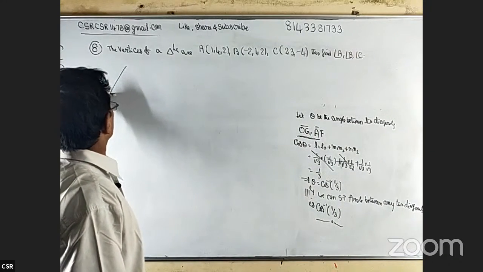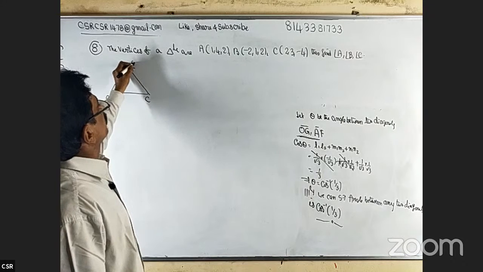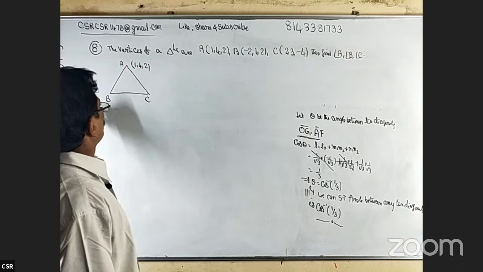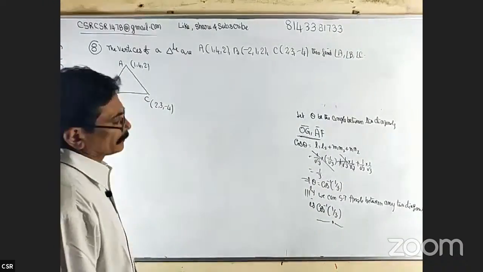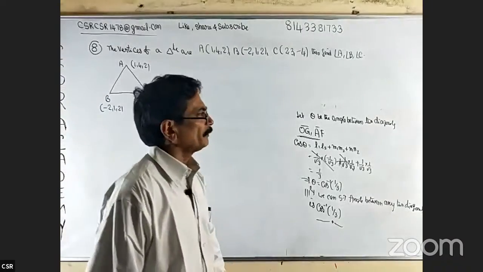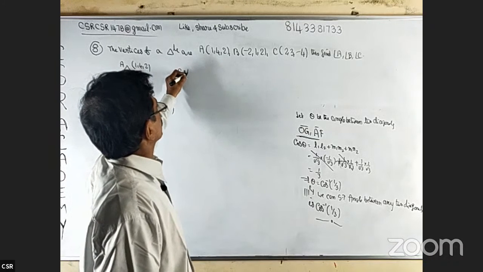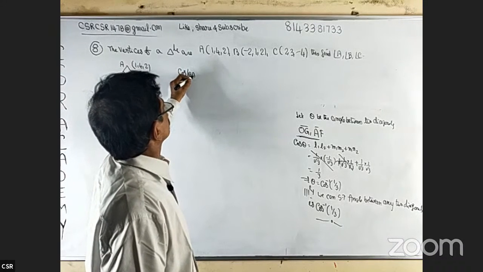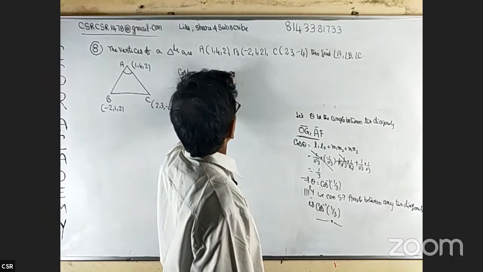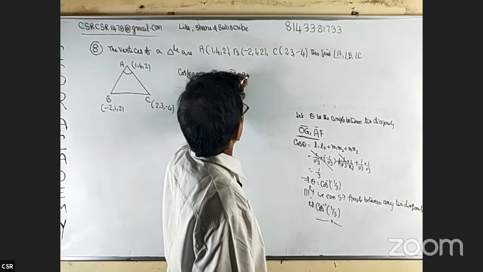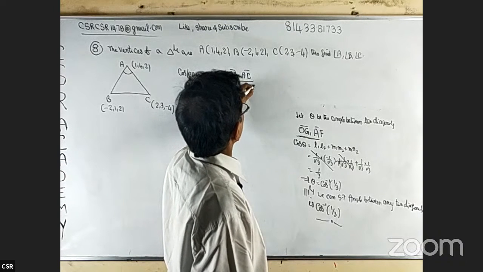This is the triangle ABC, with A(1,4,2), B(-2,1,2), C(2,3,-4). Here, what about cos A? Suppose we want this formula: cos of the angle BAC. This is nothing but cos A is equal to AB bar dot AC bar by mod AB bar mod AC bar.